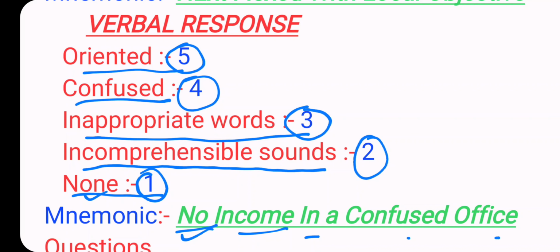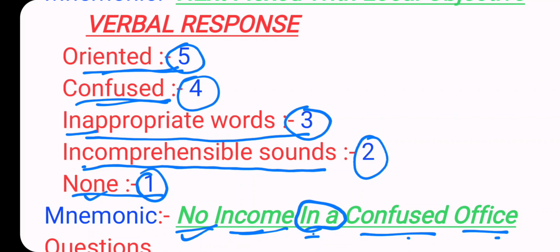No means none. Income means incomprehensible sound. In a means inappropriate word. Confused, already told, confused. Office means oriented. This is the trick to remember GCS.